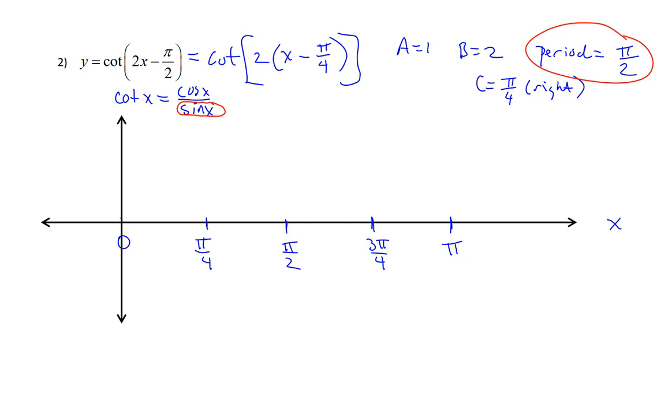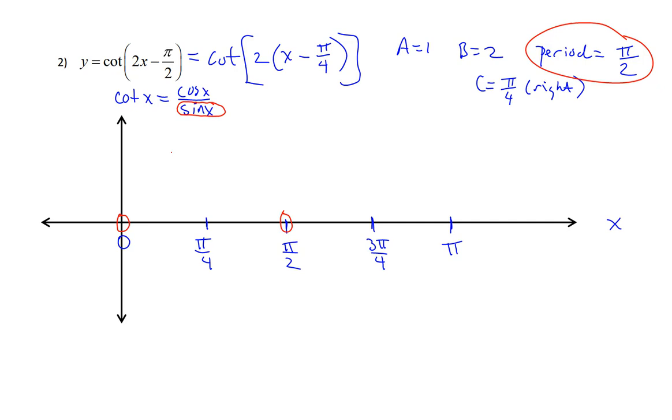That means there should be bookends of asymptotes at those. So from 0 and then pi over 2, we would expect to find vertical asymptotes there. Now I'm not going to draw them because I'm just marking them, like we said. We're going to have to shift it all, but for now I'm marking it. We would expect to see one full cotangent graph in that little span there.